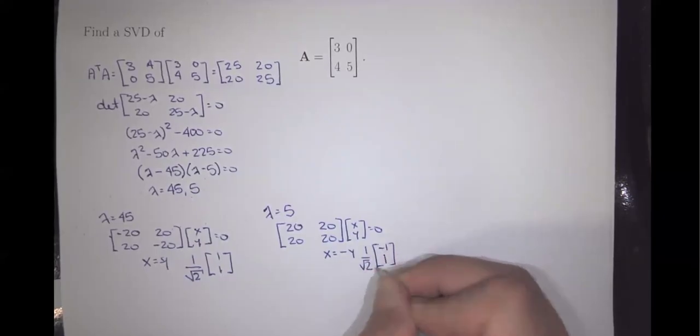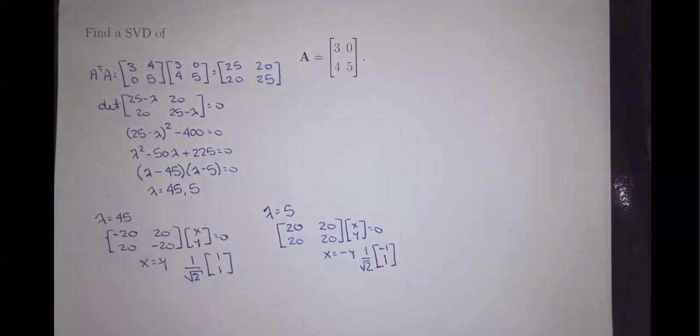And we'll, again, normalize it by multiplying by 1 over root 2. Okay, so these give us the start of what we need for our singular value decomposition. This will give us our right singular vectors and our singular values.